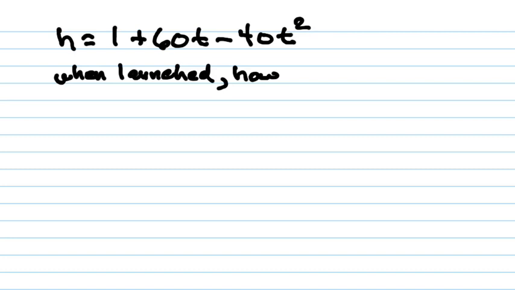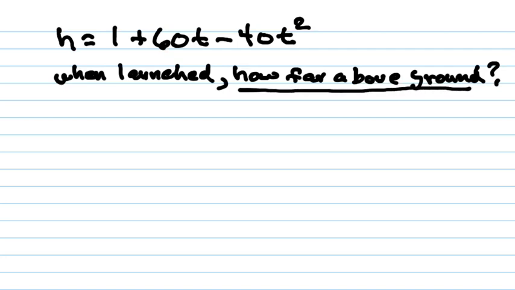How high? How far above the ground? So is this a time question? Am I asking when, or am I asking a where question? Be careful, yeah. How far above the ground is going to be a where question, right? So that tells me the thing that I'm looking for is I want to solve it for h.